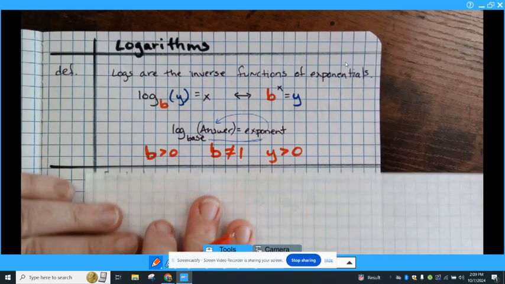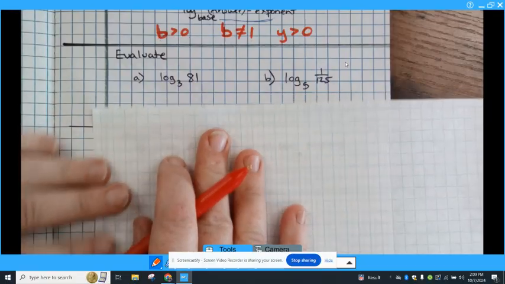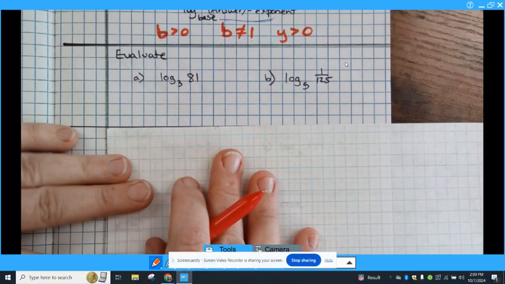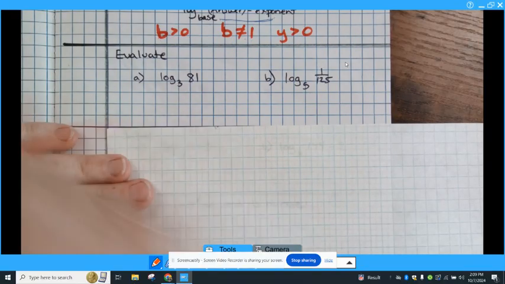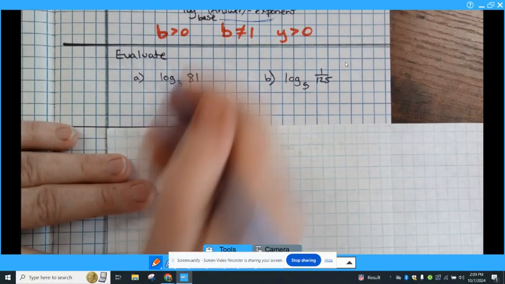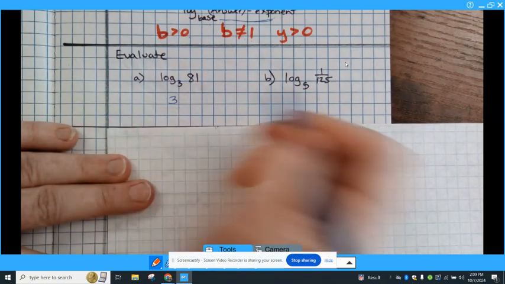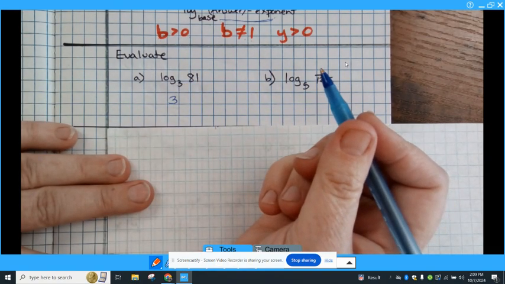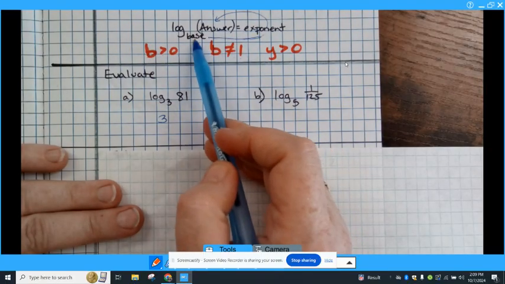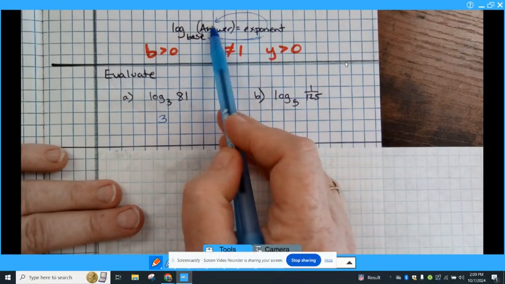Okay, so we're going to evaluate. To evaluate these, I normally have students write them in exponential form. So if you were to write this in exponential form, our base would be 3. Our exponent is unknown because we don't have it equal to something. So our base to our exponent, answer.